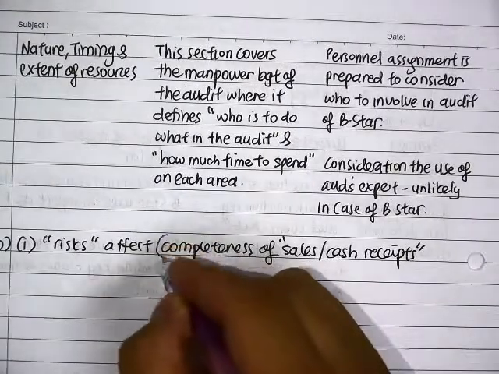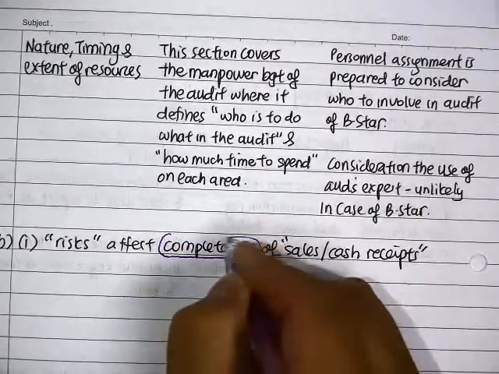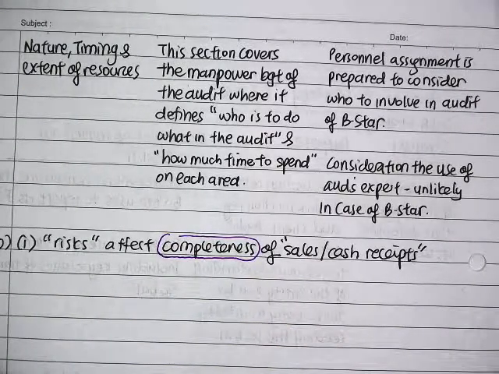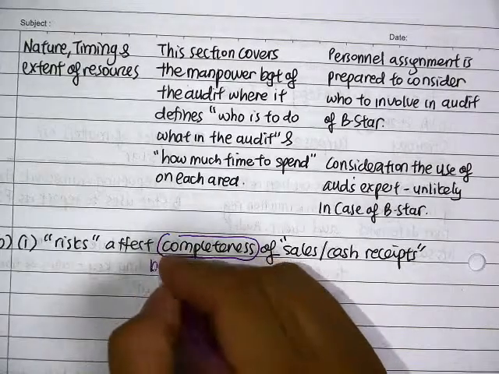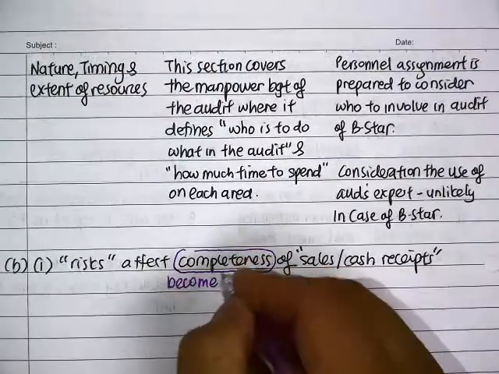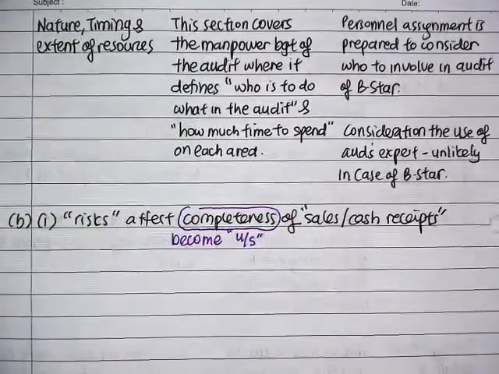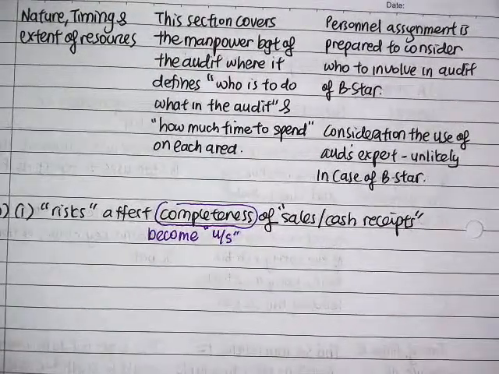So when they say affect completeness, meaning they are looking at what? They're looking at the possibility of your cash and your sales becoming understated.